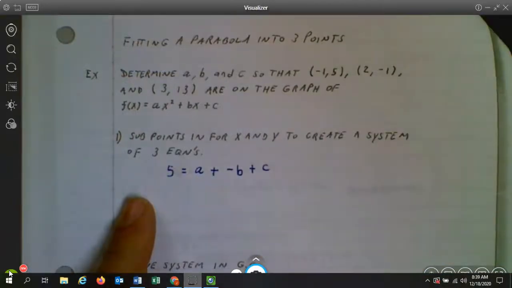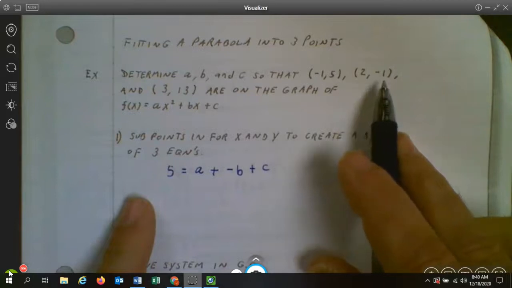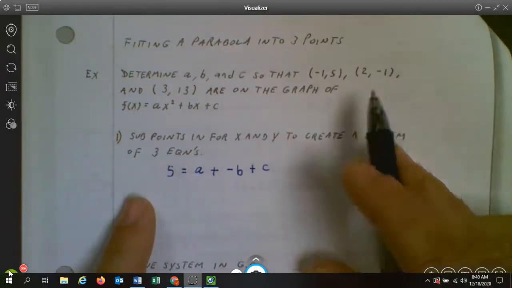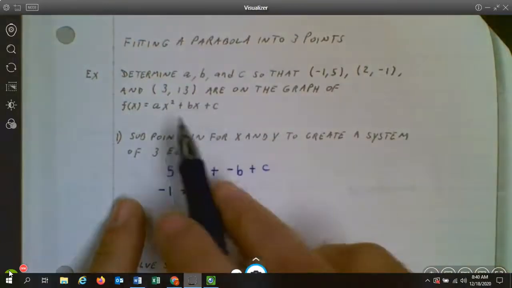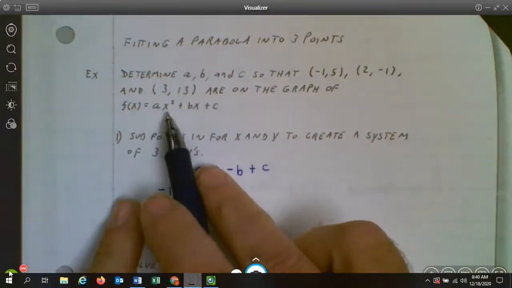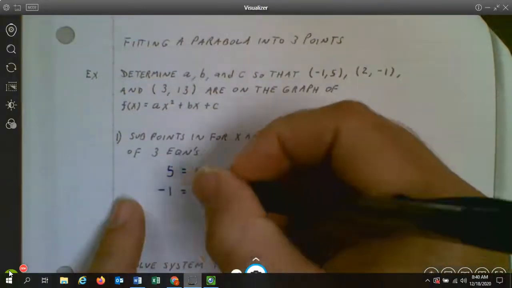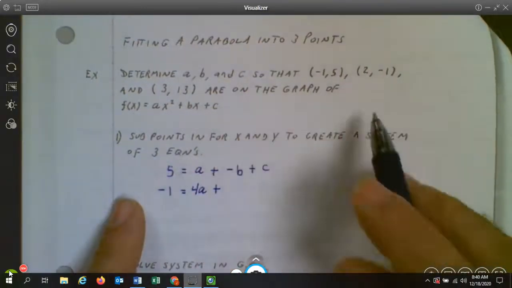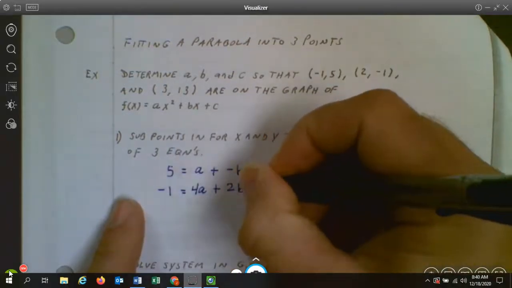So there's my first equation. Now I'm going to take the second point and do the same thing. 2 is going in for x, negative 1 is going in for y. If I put 2 in for that x squared, I get 4a. If I put 2 in for that x, I get 2b. c is just c.